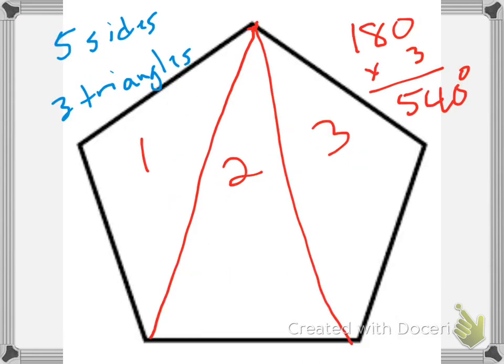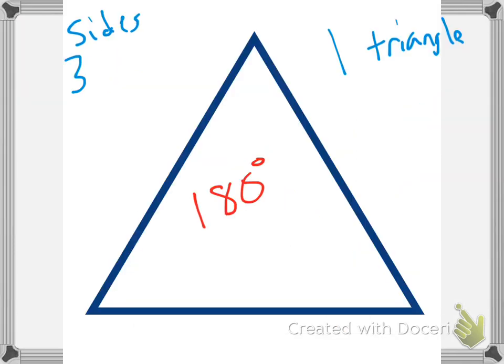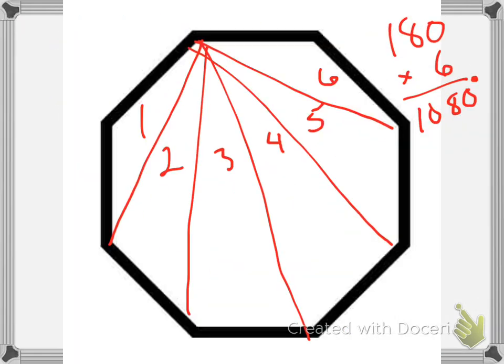Go back and look. 5 sides, 3 triangles. 4 sides, 2 triangles. 3 sides, 1 triangle. Now we're at the octagon. 8 sides. And that octagon is going to make 6 triangles. Any idea what that pattern could be, or even a formula that we could use?